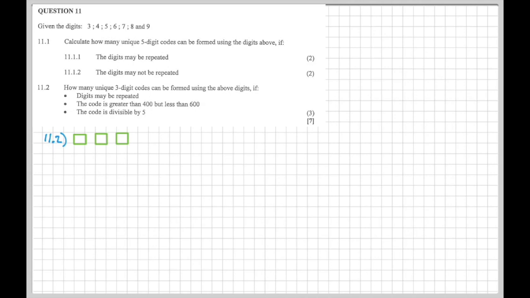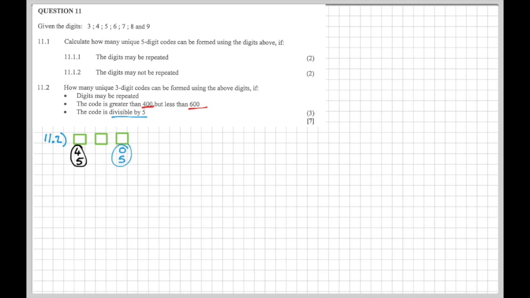In the first one, because they say to me the code must be greater than 400 but less than 600, what options I have left is in the first one I could have 4 or 5, which means that I don't have many options there. I actually only have 2. Secondly, I'm going to look at how would the code be divisible by 5? Well, that's up to the last little digit. So at the last little digit, I could have either 0 or I could have 5.